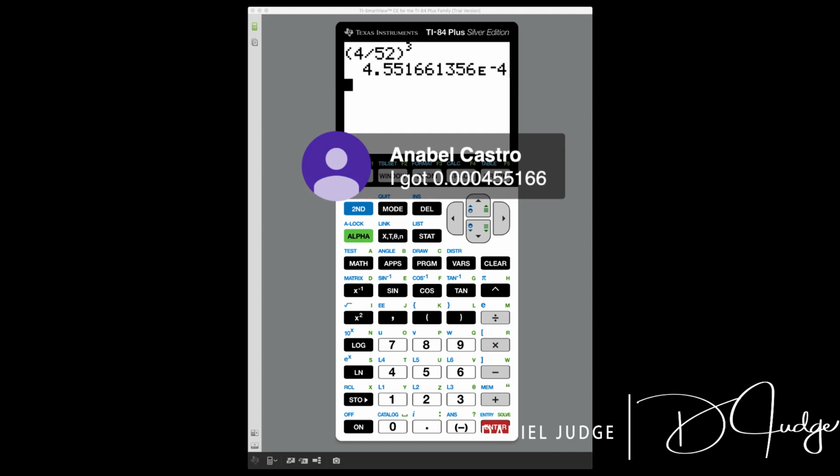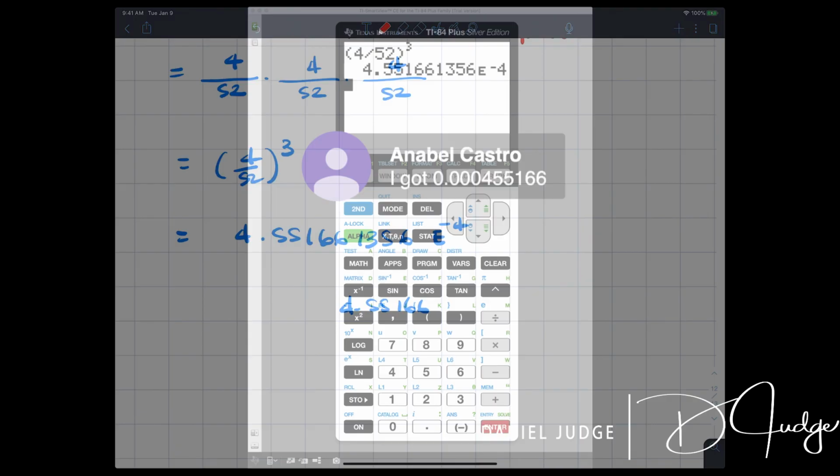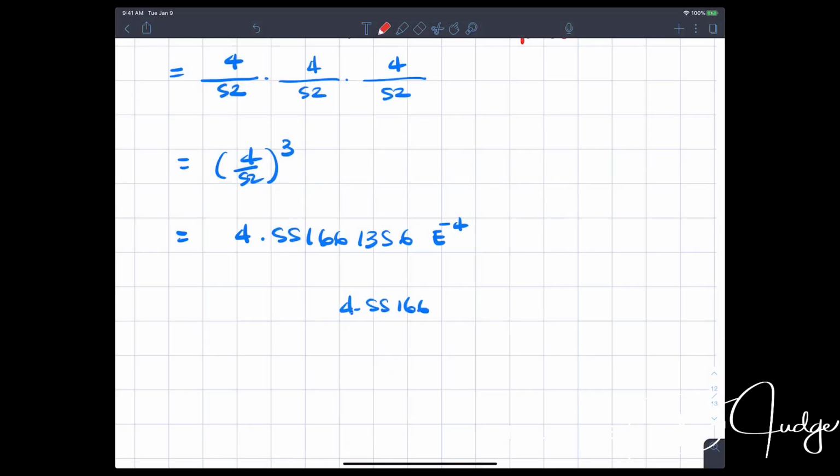So what I want to remark here, and I'm going to write this down, is that what you're seeing here is scientific notation. This e to the minus 4 means move the decimal point, this particular decimal point right up here, 4 spaces to the left. 1, 2, 3, and 4.